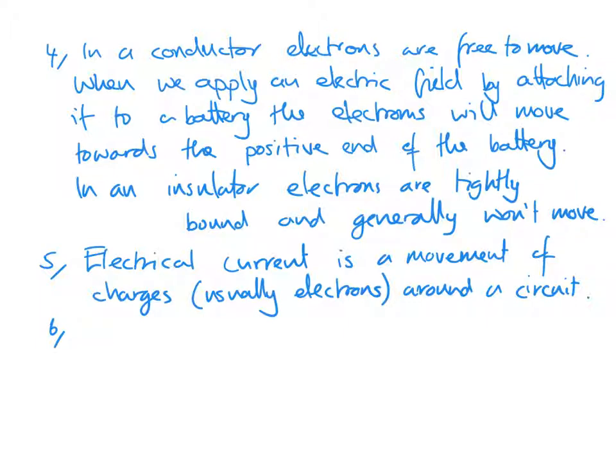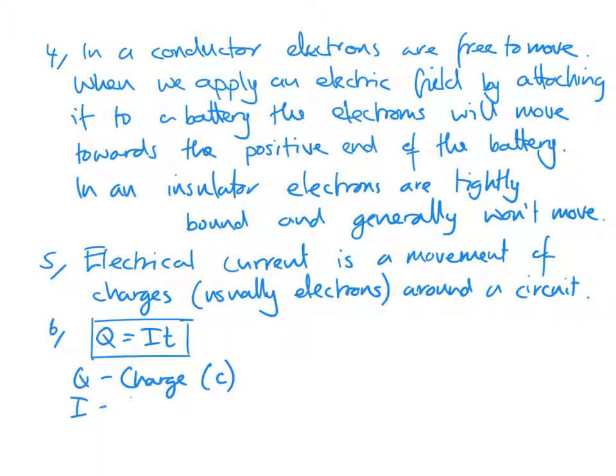The numerical definition is given by the formula. Q stands for charge, which is measured in coulombs. I is current, measured in amperes.